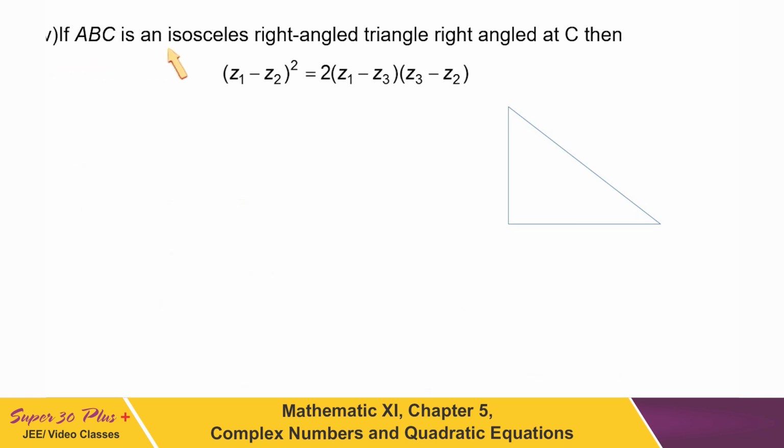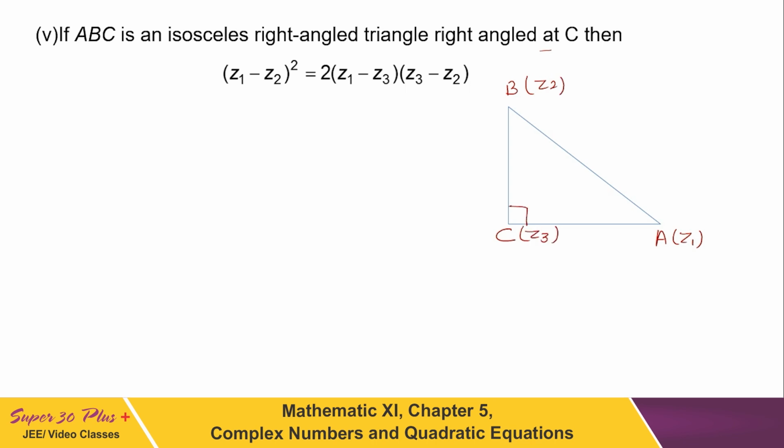Students, point number 5 is here. If ABC is an isosceles right angle triangle and right angle at C, then we have to prove this. Let it be an isosceles right angle triangle ABC with the affixes Z1, Z2 and Z3 respectively. Students, this is the 90-degree angle.